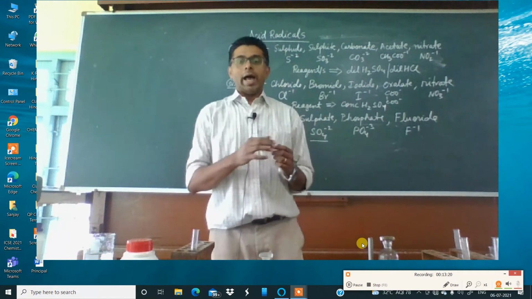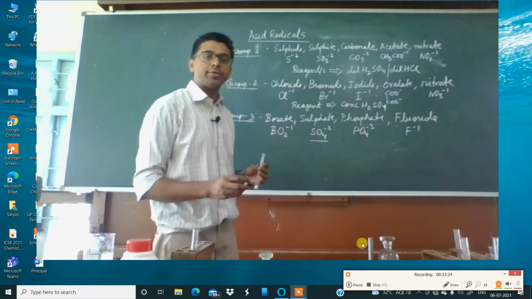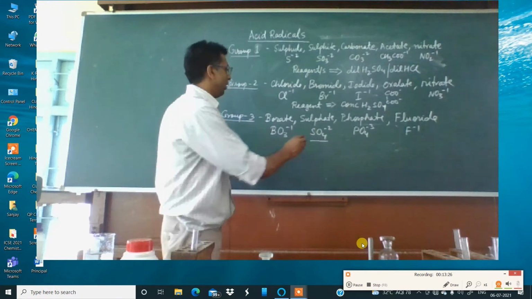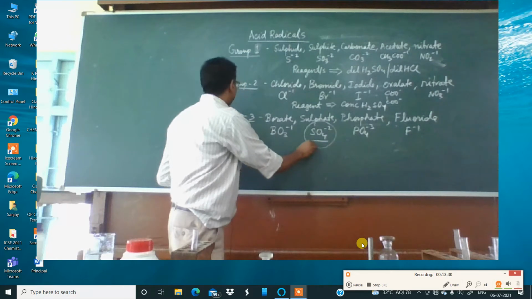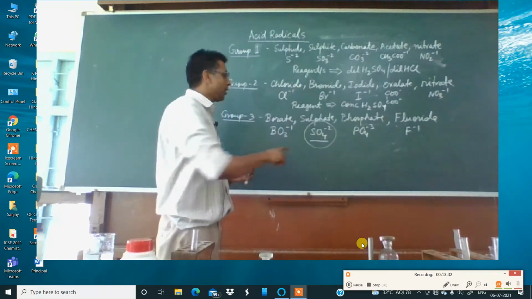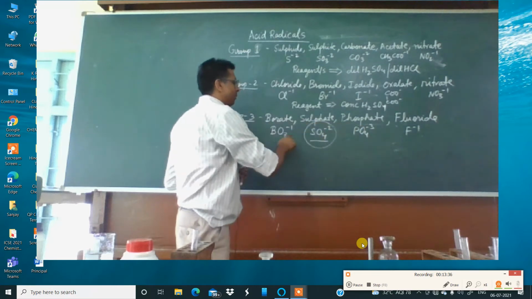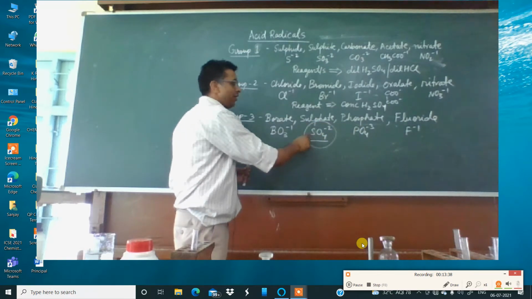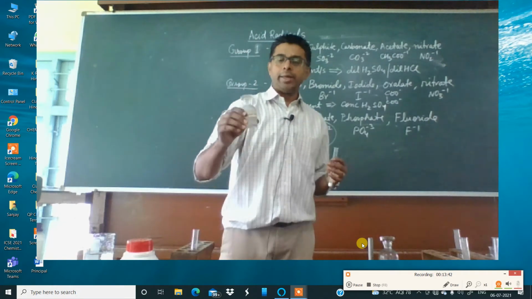Now I will show you the detection of sulfate acid radical. The sulfate acid radical belongs to group 3, and it does not have a specific reagent, but for sulfate the reagent is barium chloride solution.